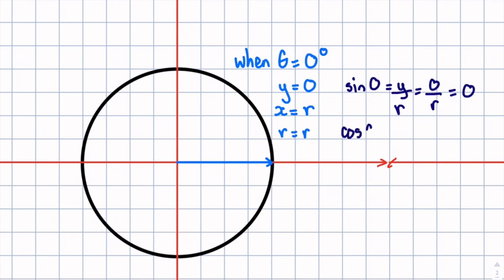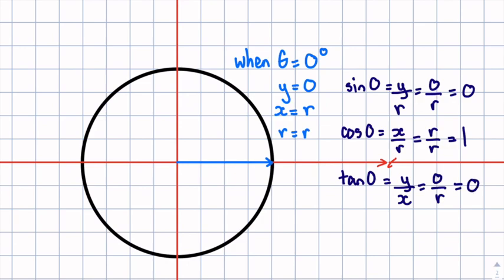Cos theta is x over r. But here x is r, so that's r over r, so that's 1. Tan 0 is y over x. y is 0, x is r, so that's 0.